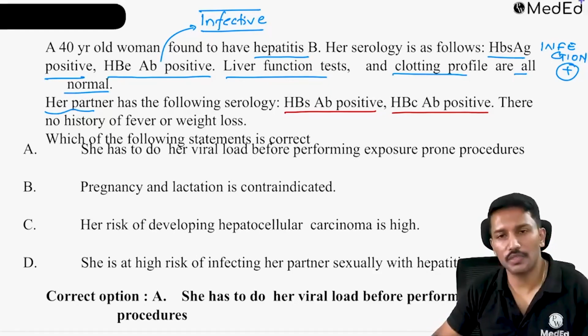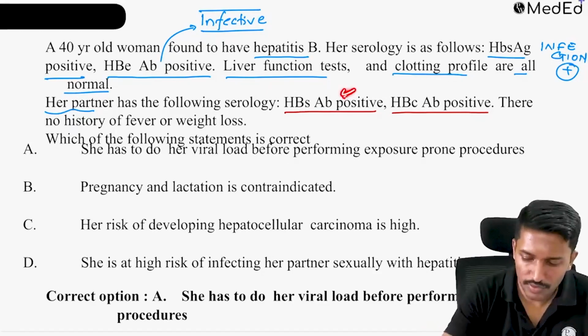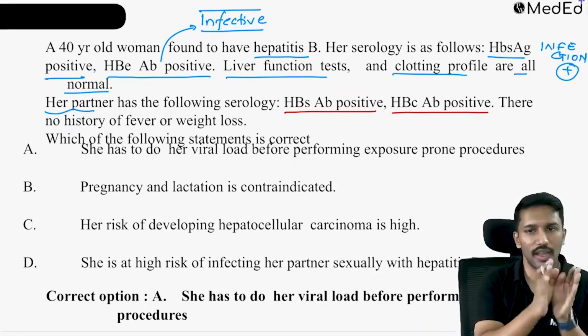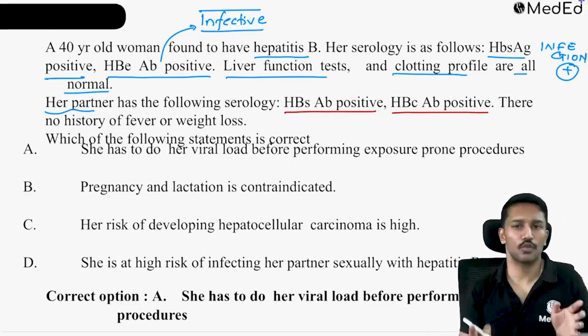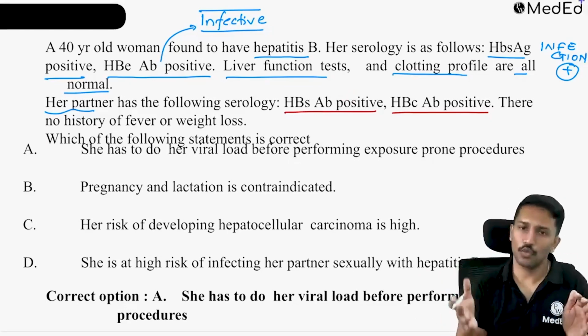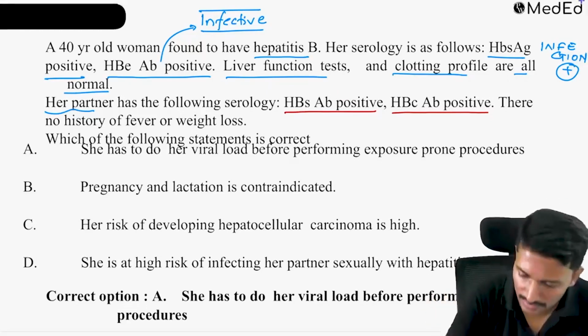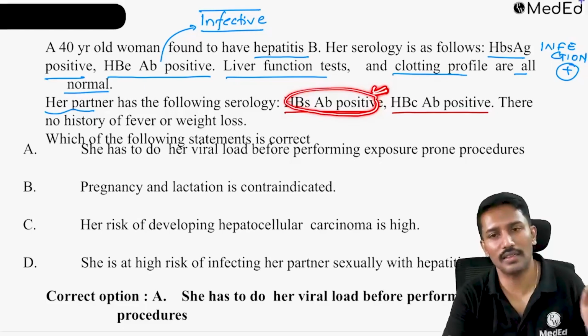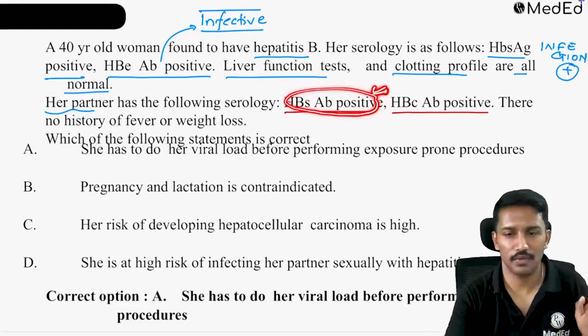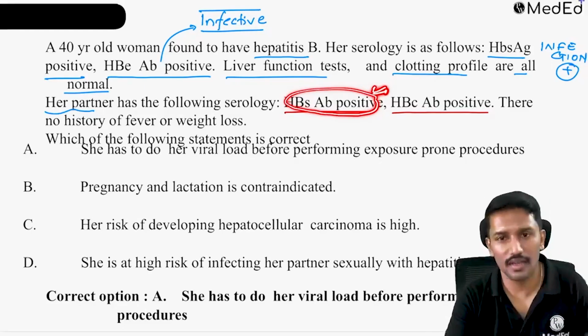Now if I give you this much information, I have already told you that HBsAg and the antibody against it, anti-HBs antibody, are mutually exclusive. If one comes, the other has to go, right? So when I say HBs antibody is positive, it goes without saying that the surface antigen will be negative. So in that case, he doesn't have a current infection.